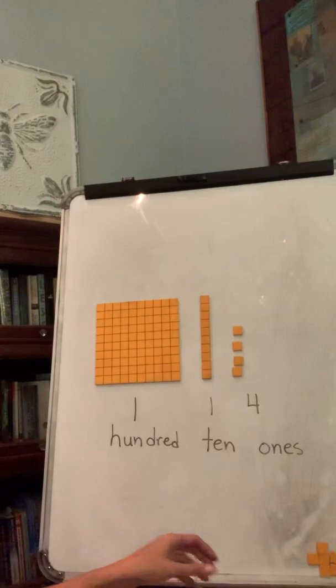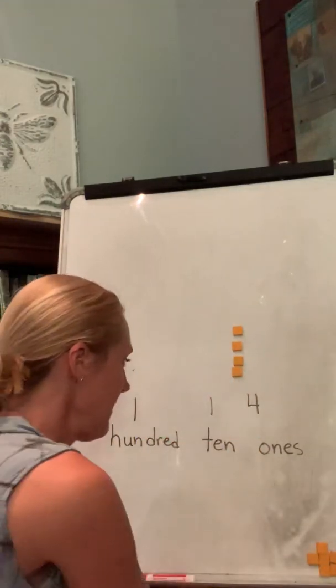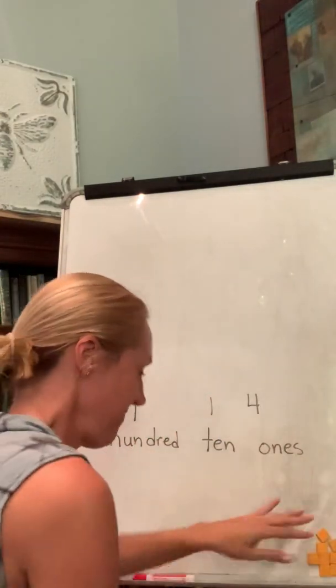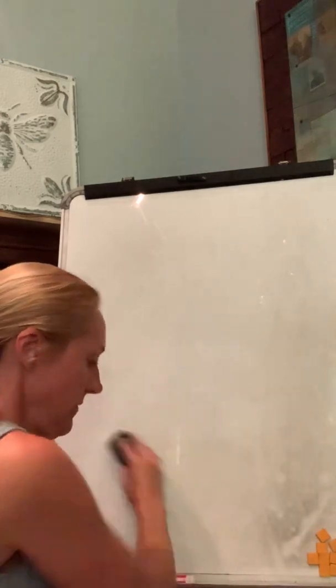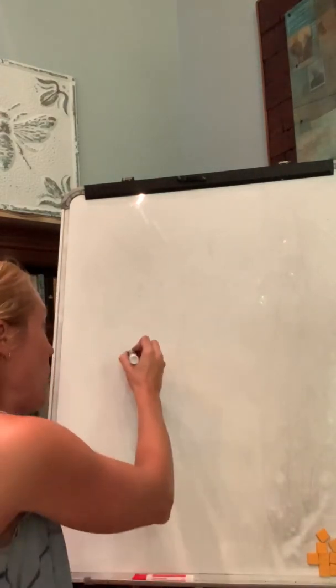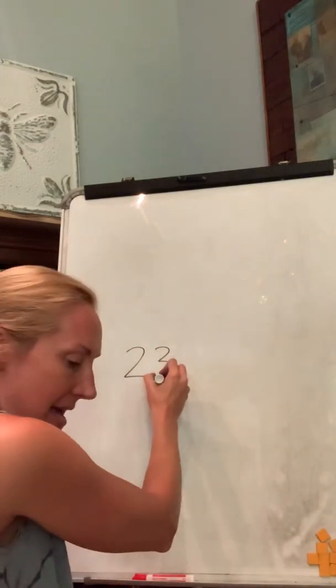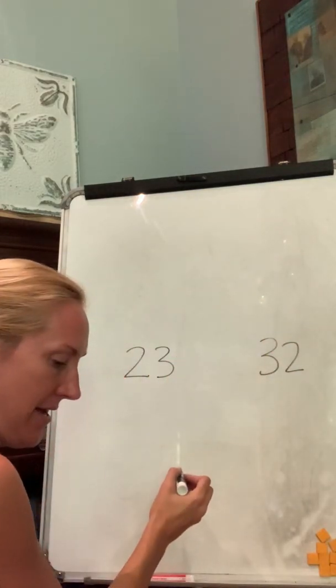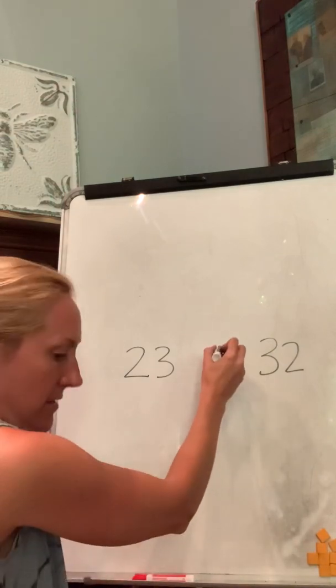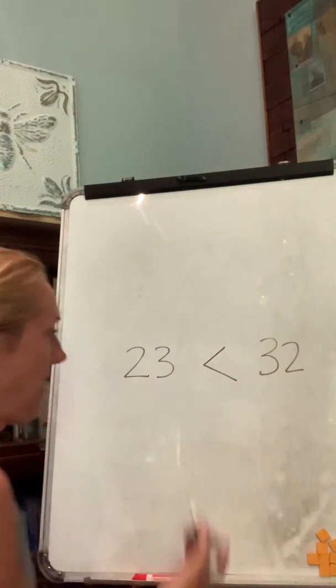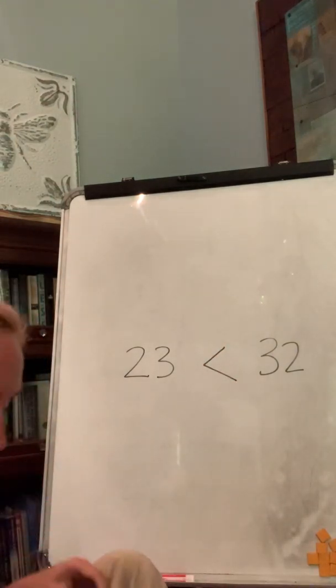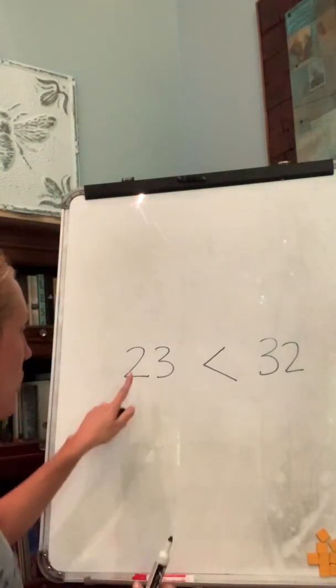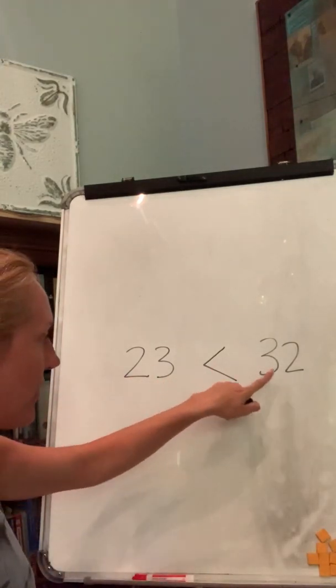So we have 23. So let's write this down. Let me move these out of the way. So we figured out that we have 23 and we have 32, and they put this symbol in between it. They put like this. Okay, well, is that one true? Is 23 less than 32?